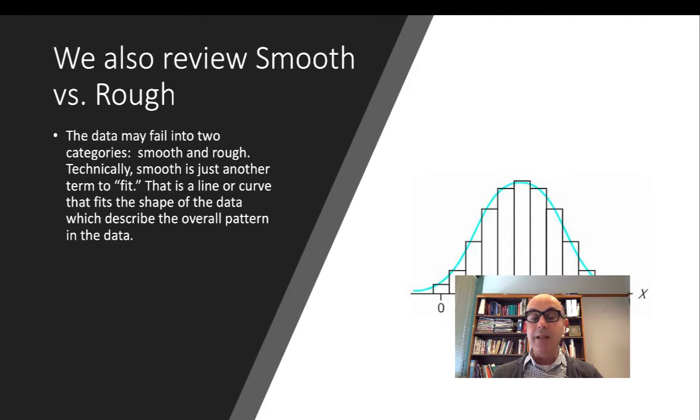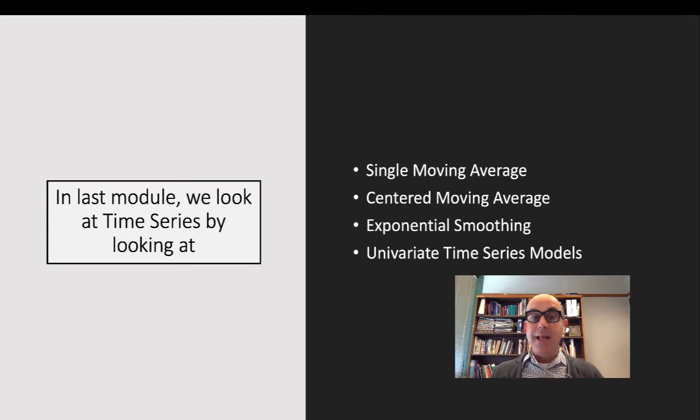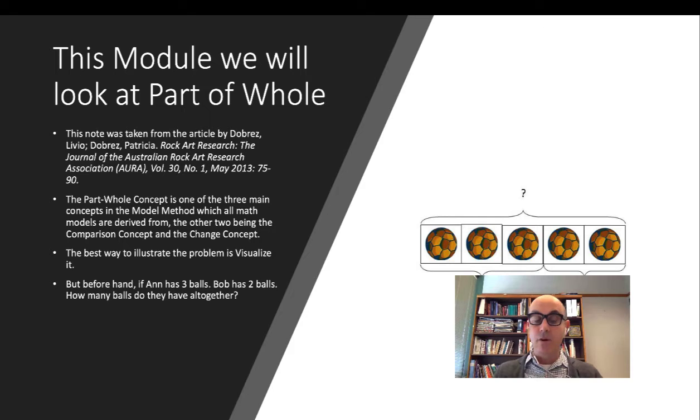And by using that, the visual allowed us to take another layer of understanding of the data in order to make a good judgment of the result. So in the last module, we talked about time series by looking at single moving averages, centered moving averages, and also bivariate time series models.